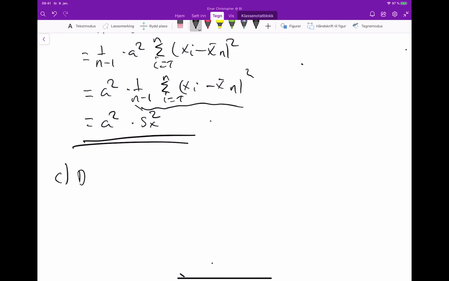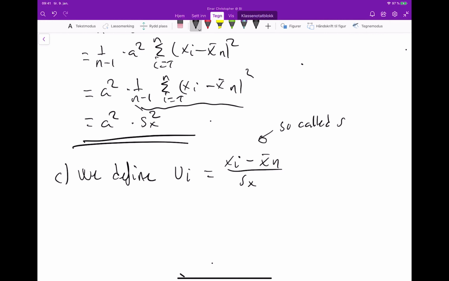We define ui equal xi minus x bar n divided on sx. These are so-called standardized variables.